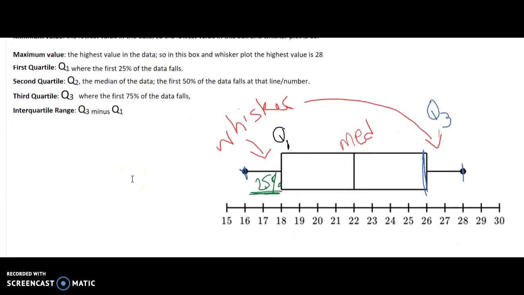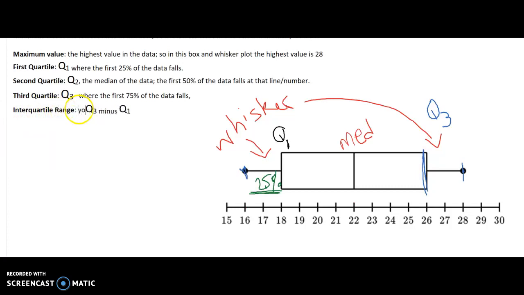So let's move on to the interquartile range. The interquartile range, you can find it by taking the third quartile, Q3, and subtracting Q1.